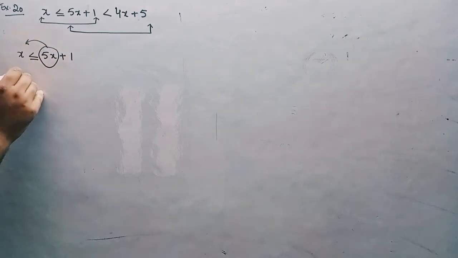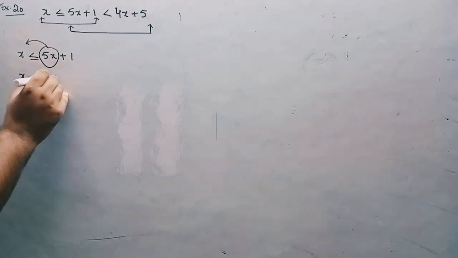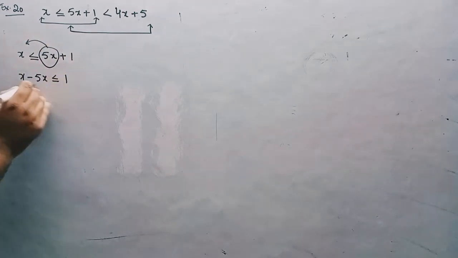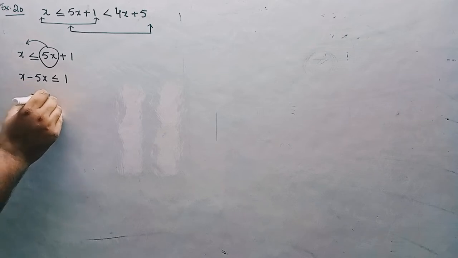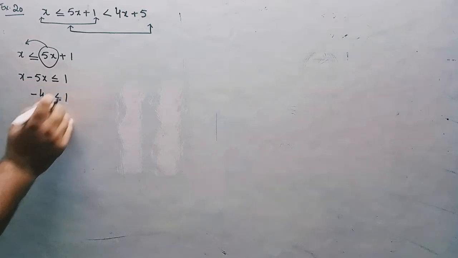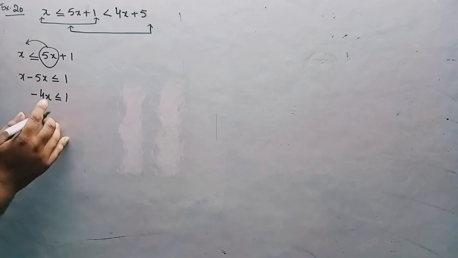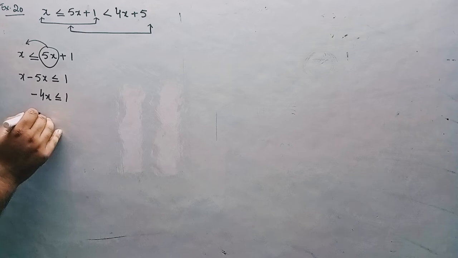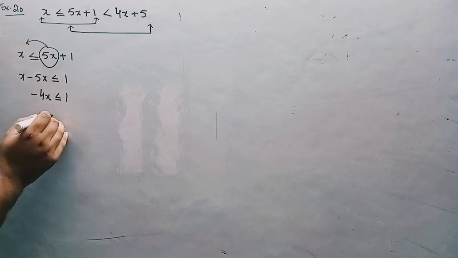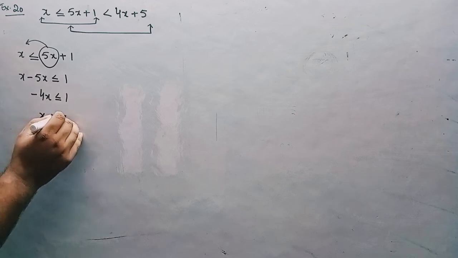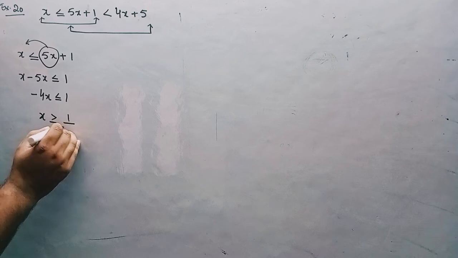It will become x minus 5x is less or equal to 1. यहाँ पे बन जाएगा -4x is less or equal to 1. Now -4 को मैं इधर transfer करूँगा. So x will become greater or equal to 1 by -4.